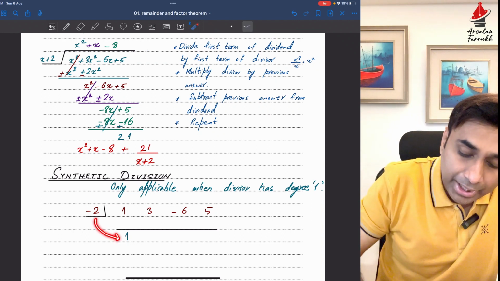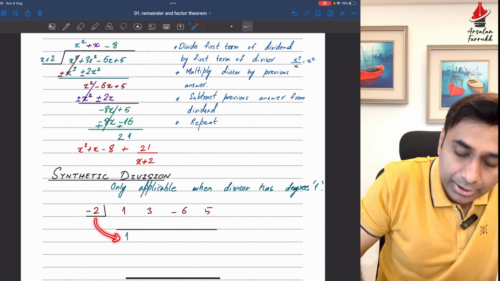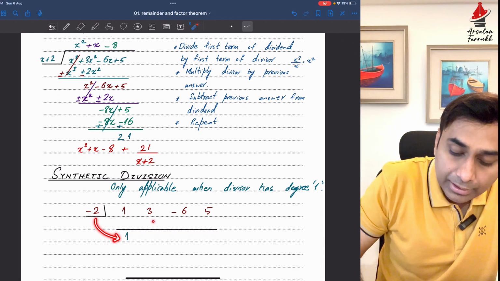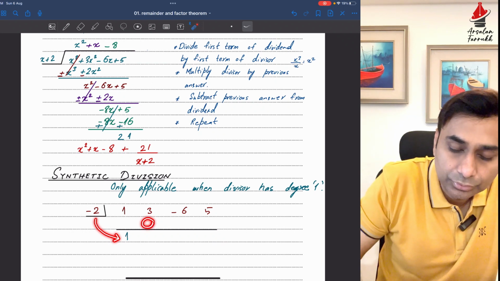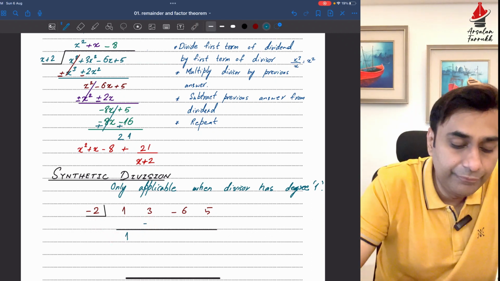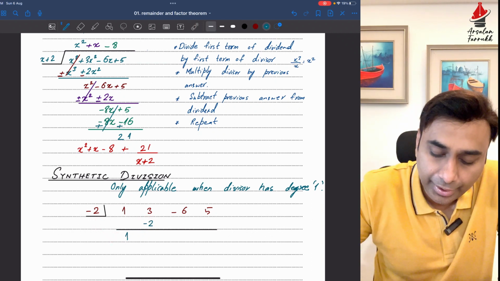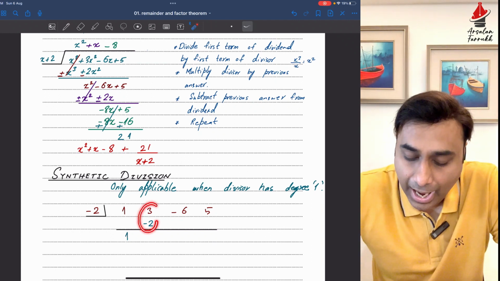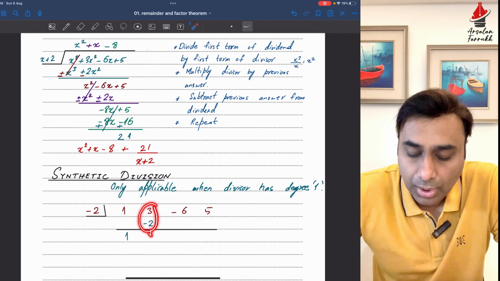Then you do minus 2 times 1, which gives you minus 2, and the product of these two is going to be written down over here. You're not subtracting in this case, you're adding.